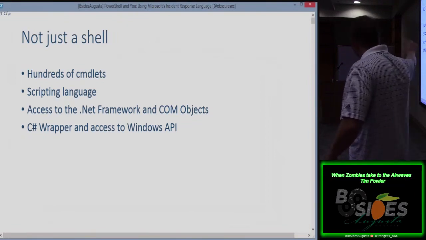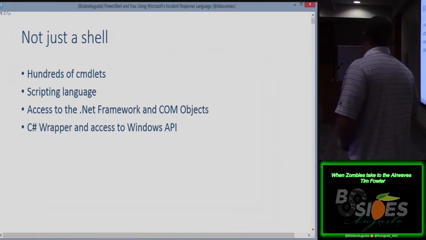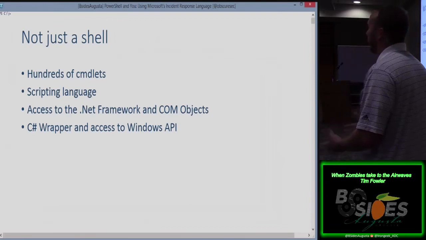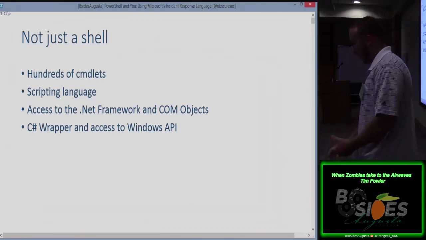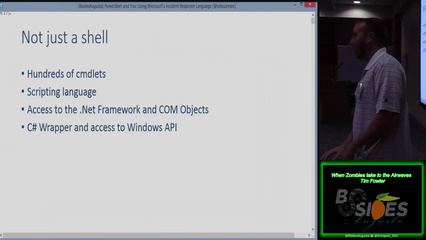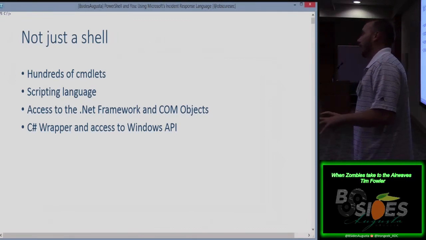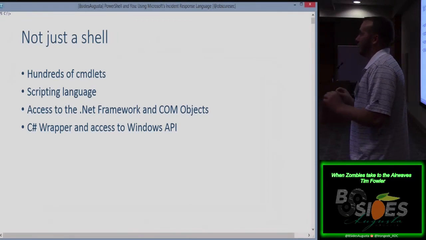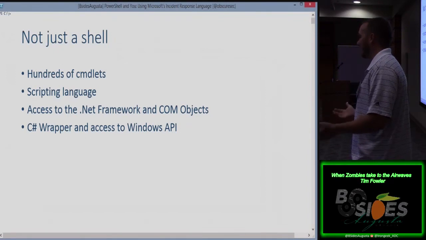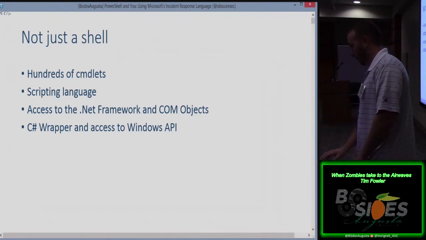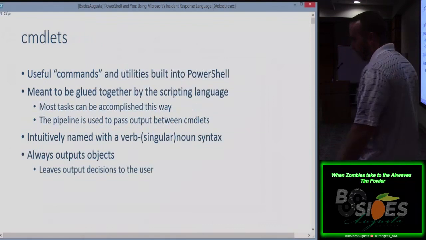And one of my favorite things and the most powerful part of PowerShell is you can run inline C# and it gives you direct access to the entire Windows API. So the bottom line is that there's nothing you can do on Windows that you can't do in PowerShell. If you can do it with an executable written in C, you can do it in a scripting language, PowerShell.